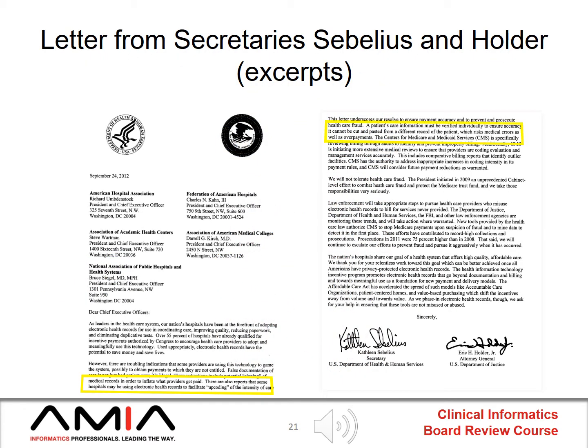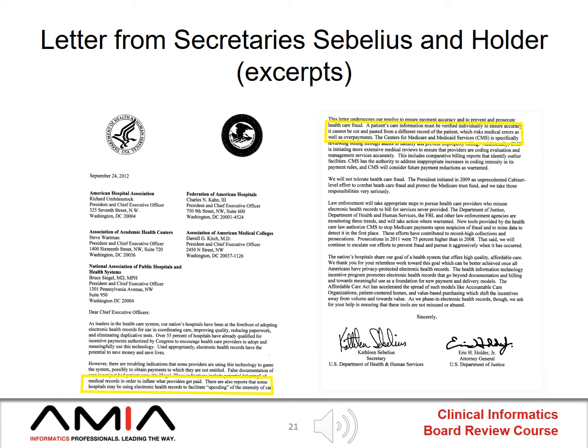As a reflection of the interest of CMS in electronic health records, I show you here a copy of a letter that came some 5 or so years ago from the Secretaries of Health and Human Services and the Attorney General at that time, Kathleen Sebelius and Eric Holder. So this is just an example of how interested those two sections of the executive branch are in our use of EMRs.